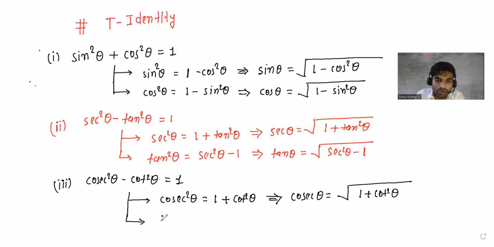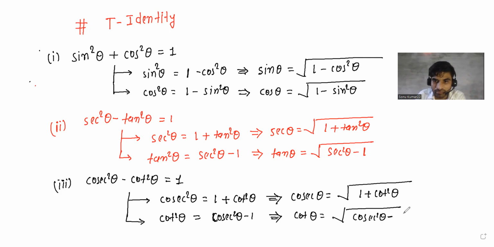Or we can say that cot square theta is equal to cosec square theta minus 1. Okay, so here I can write what? Cot theta is equal to under root cosec square theta minus 1.